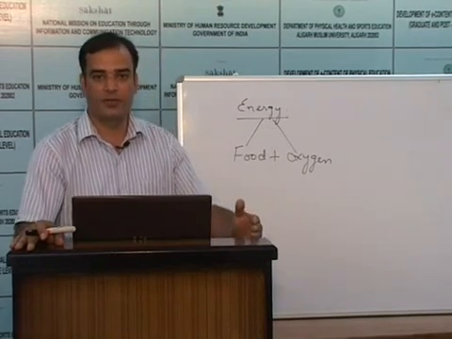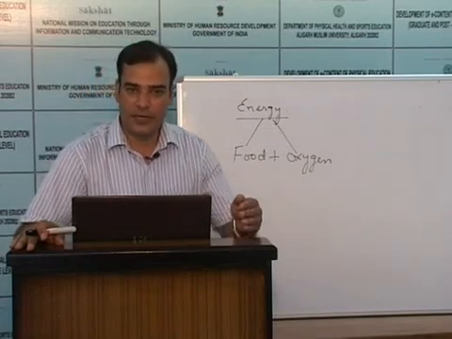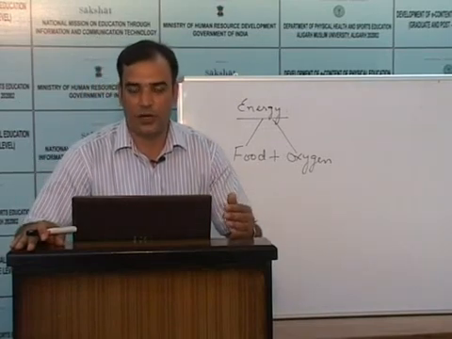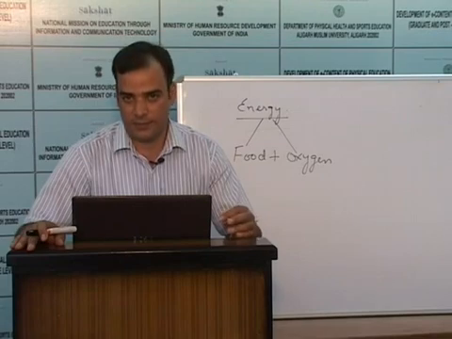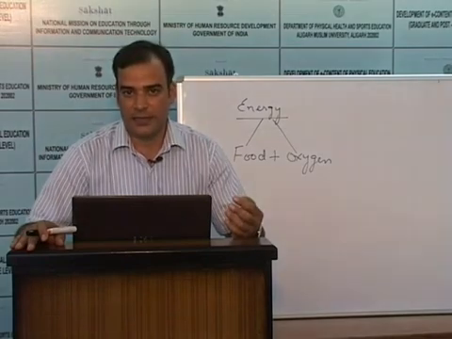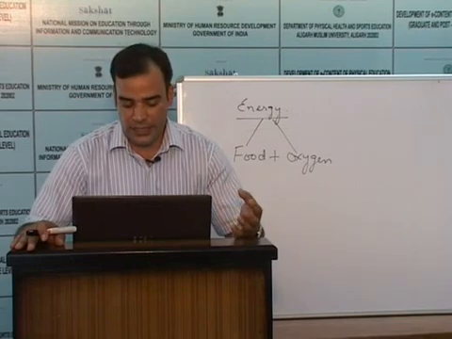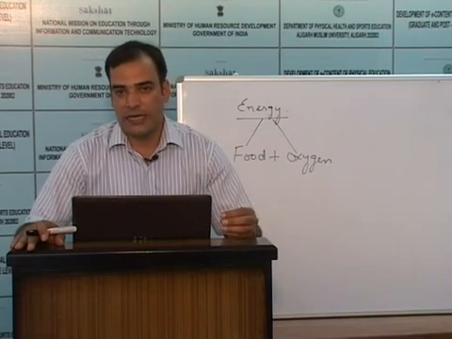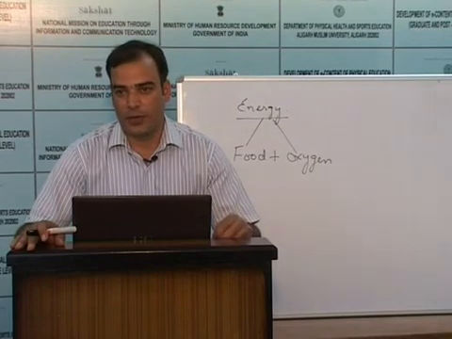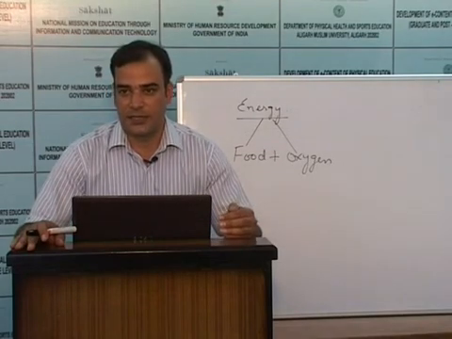Bile is a secretion produced by the liver that is very important for the digestion of fats. The fats that we take in our food cannot be digested unless they are acted upon by the bile secreted by the liver.